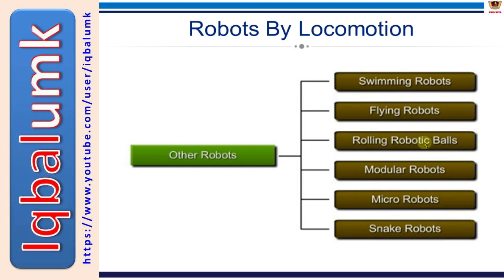Kemudian ada robot modular, ada robot mikro, skalanya mikro, sama juga untuk pengintaian. Kemudian ada robot yang meniru ular, snake robot. Cara geraknya sama seperti ular, dengan merayap atau istilahnya glide.